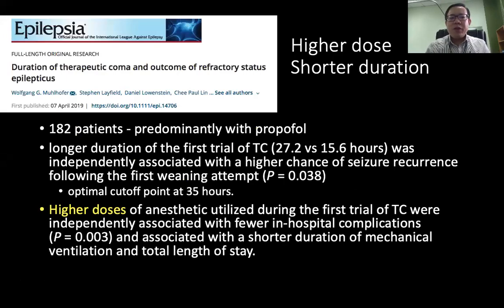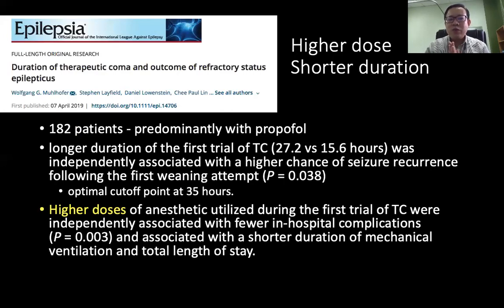So how long do we want to maintain therapeutic coma with anesthetic agent in refractory status? In the old days, we talked about 48 hours. Now, we talk about 24 hours. If we can achieve seizure control with a higher dose but shorter duration of anesthetic agent, we may have a better outcome at the end of the day.